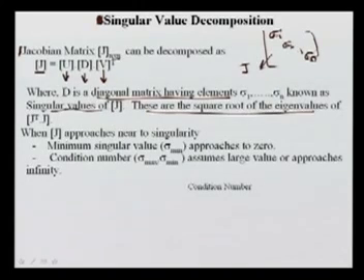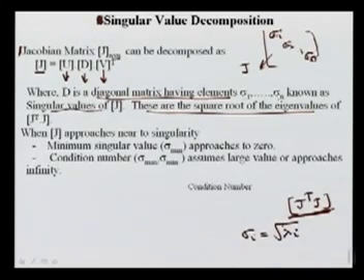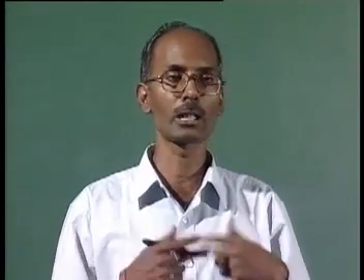Instead of going through all this, we can also determine sigma 1 and sigma 2 by getting another matrix from this J. This J transpose J, you can say, is a square of J. So, if you get the eigenvalues for this complete matrix, not J, say lambda I, then the square root of these eigenvalues is your sigma I. So if you have the J matrix completely, you can pre-multiply it with its transpose and then determine the eigenvalues.